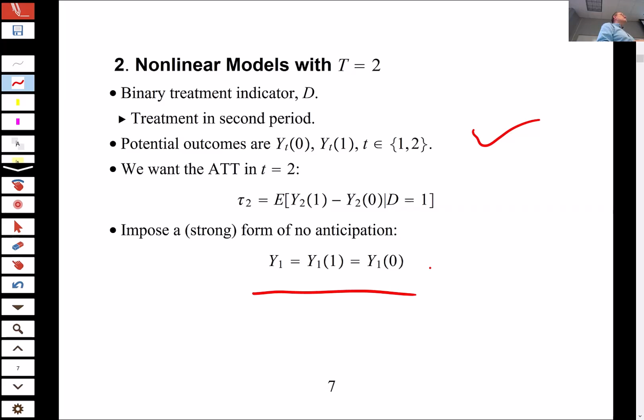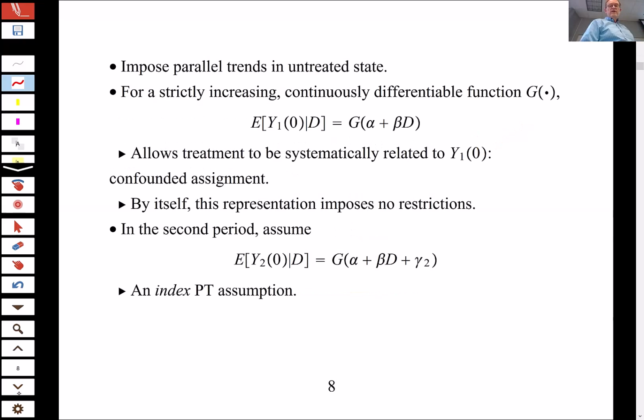There are various issues with this, but we have to assume it. Otherwise, especially with 2 time periods, there's really nothing we can do. You can make assumptions about how big the violation is, but let's just assume it's actually true. So this means that the outcome we observe in the first period for all units is the same whether they're going to be treated in the next period or not. So that's the one assumption.